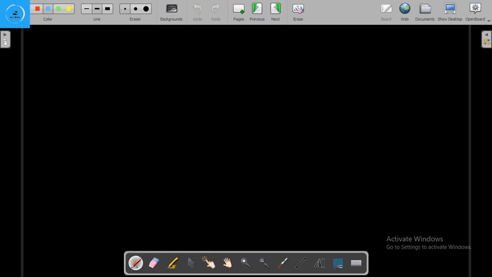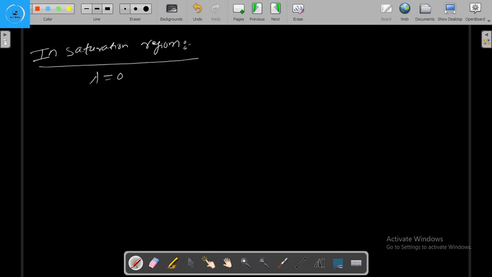So in the saturation region, let's assume the channel length parameter, that is lambda, will be equal to 0.